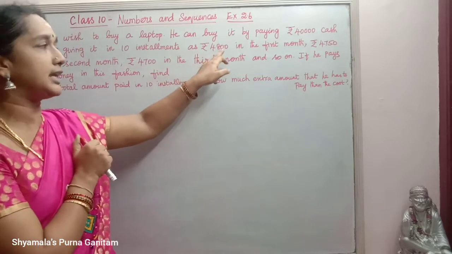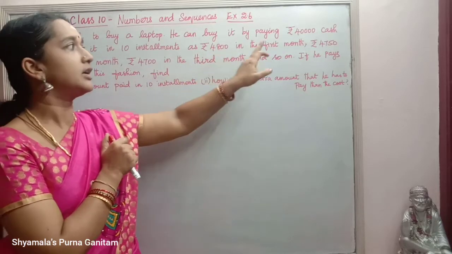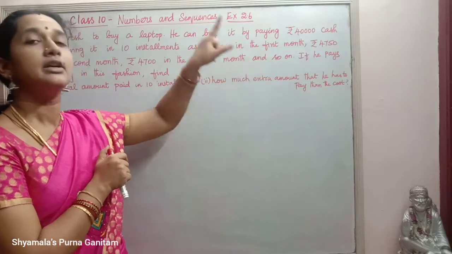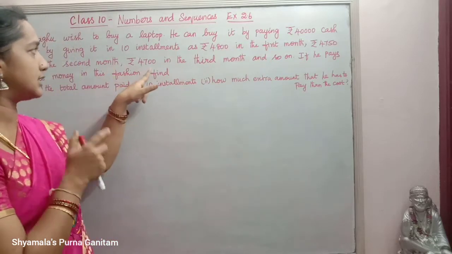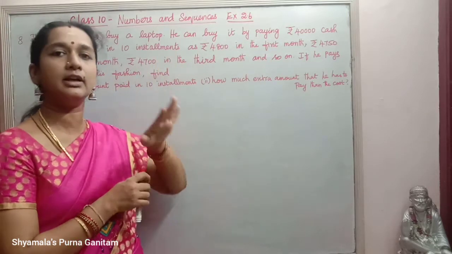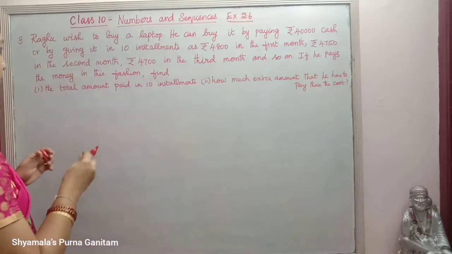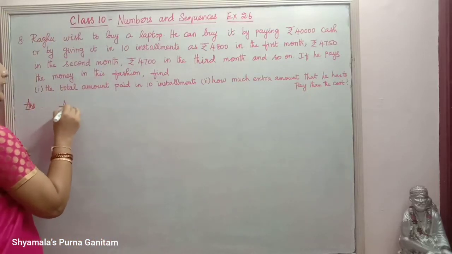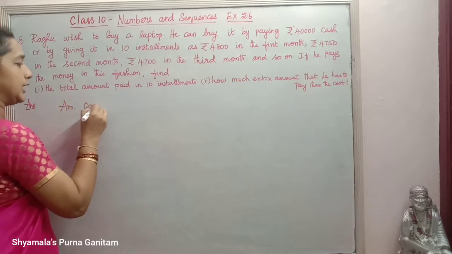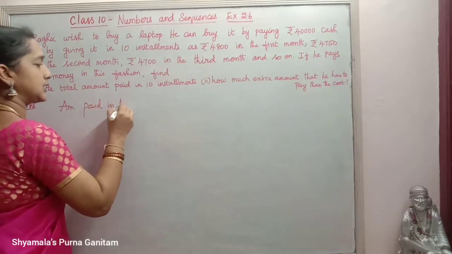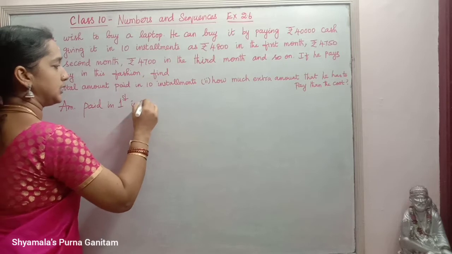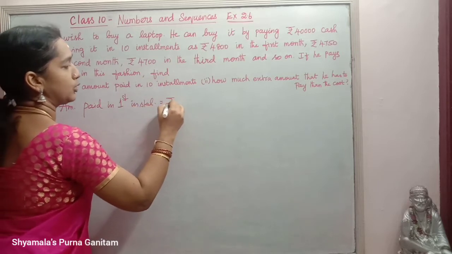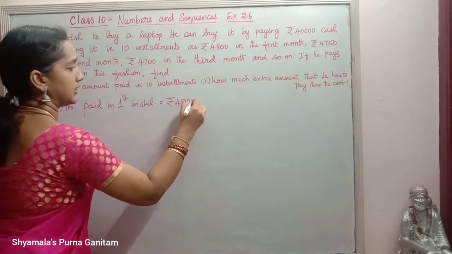He is paying 4,800 as the first month installment, 4,750 as the second installment and 4,700 in the third installment. First we will find that. Amount paid: first installment is equal to rupees 4,800.